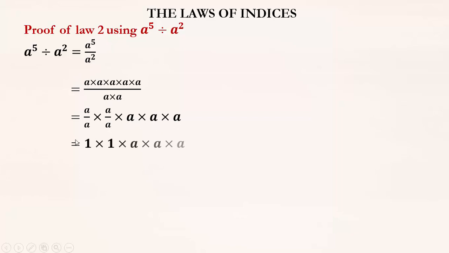Now as they divide, we end up getting 1 and 1, and multiplying the rest of the a's left, we are sure of coming up with the answer a to the power 3.